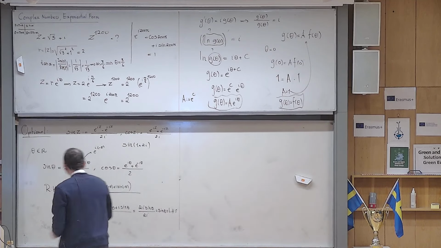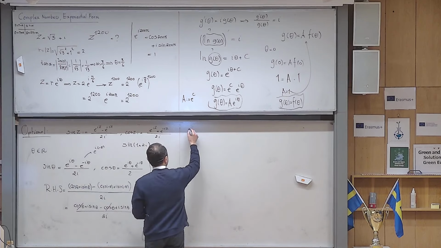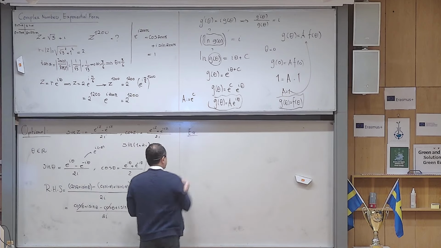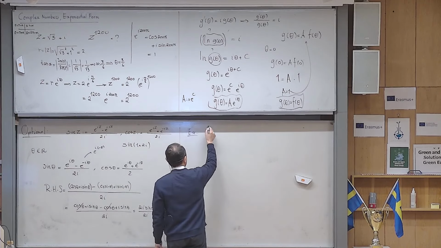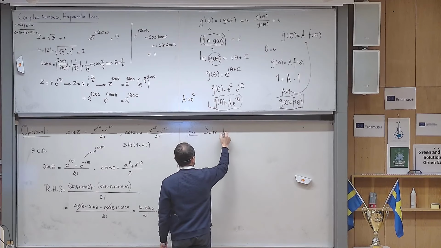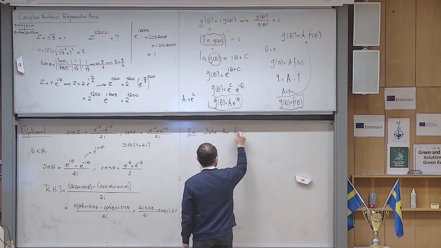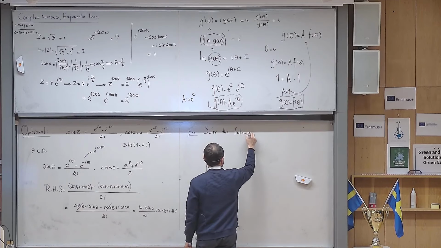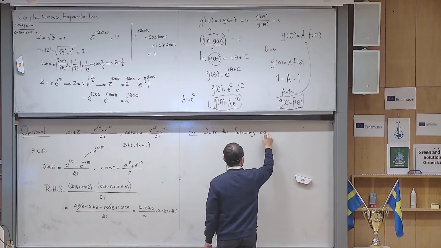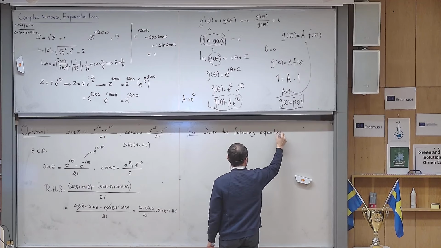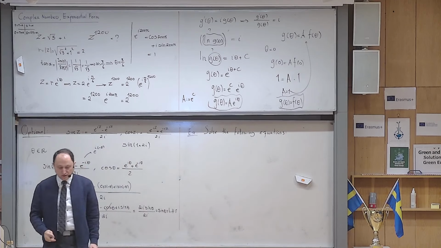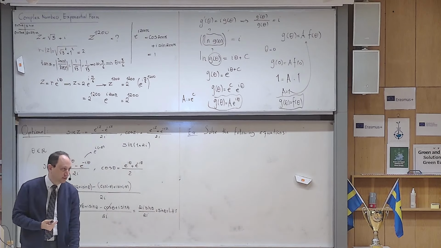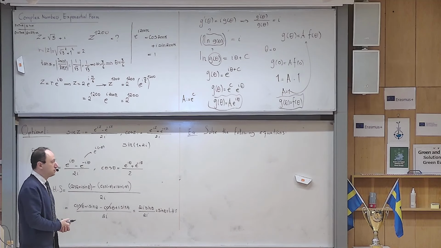So example, solve the following equations. Of course, in the book, they haven't asked you to solve, they have asked you to find one answer. But I don't think it is hard to find all of them.